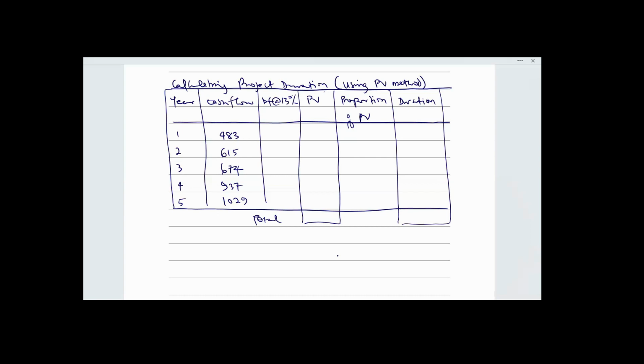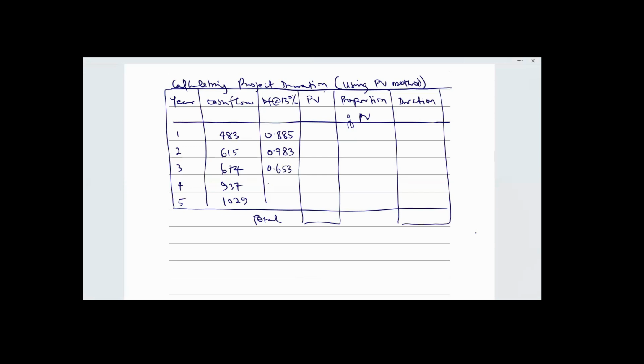So discount factor for year 1 at 13%. What do you have? 0.885. Next one. 0.783. Next. 0.693.